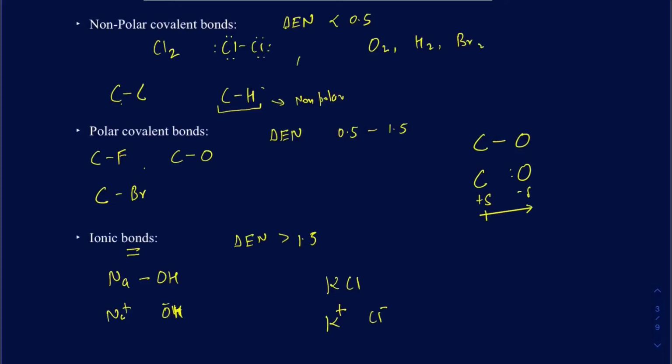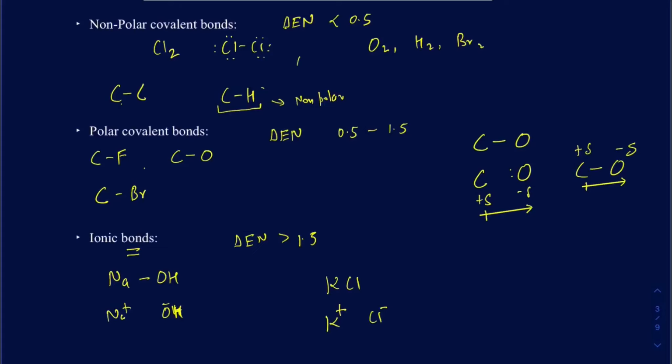Now, you're not going to see these bonds drawn like that all the time. If you see a carbon-oxygen bond drawn like this, the electrons of that bond are going to be closer to the oxygen, and as a result, this oxygen is going to have a partial negative charge, and this carbon is going to have a partial positive charge, and there is going to be a dipole going from the positive center to the negative center. And that's all you really have to worry about.